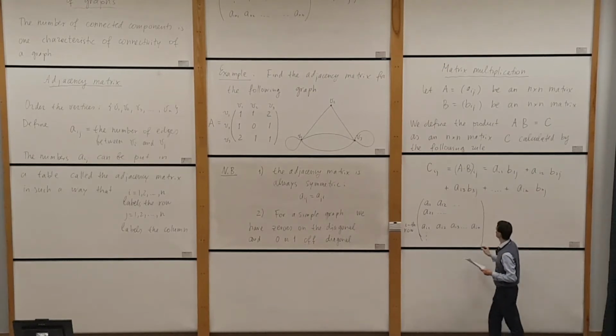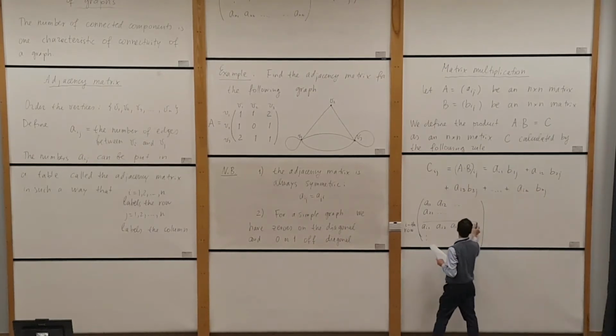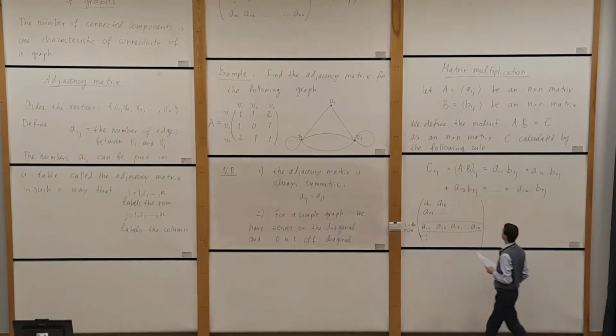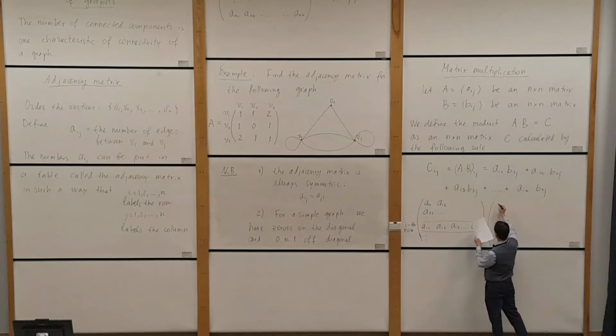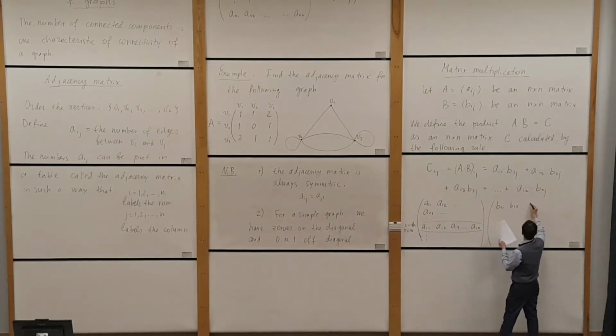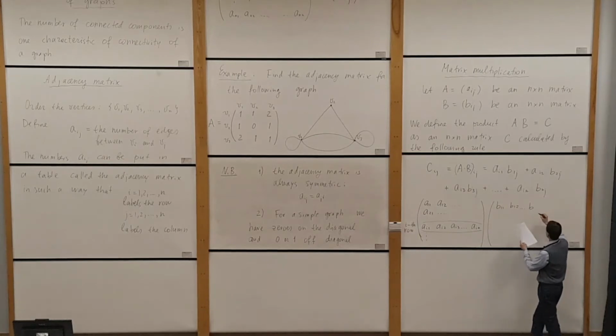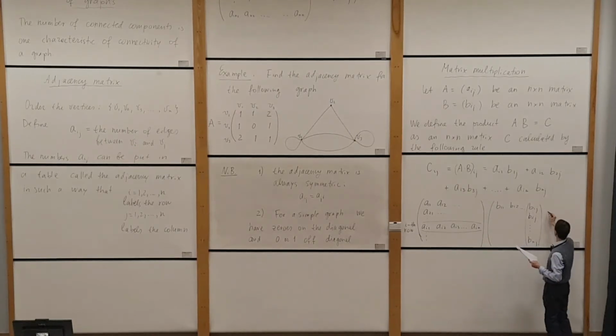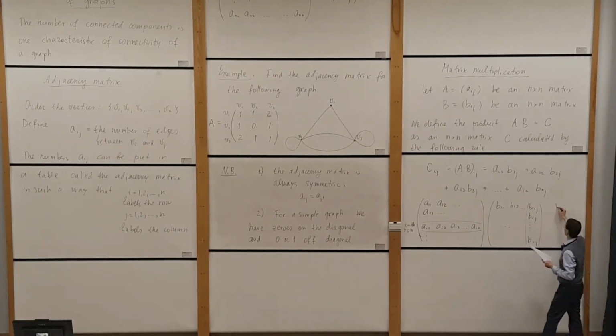Okay, so I'm singling out a single row with a label i. And then I write next to it the second matrix B with entries B11, B12, and so on. And I single out the jth column in it. So that column will contain the entries B1j, B2j, B3j, and so on, Bnj. I'm not writing out the other elements, but they're there.